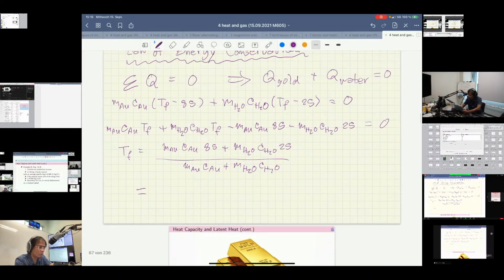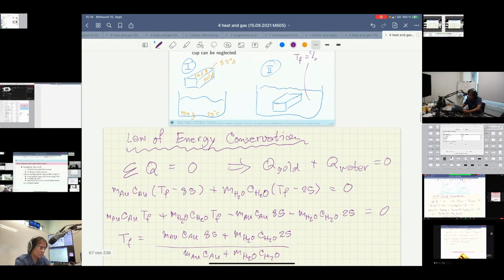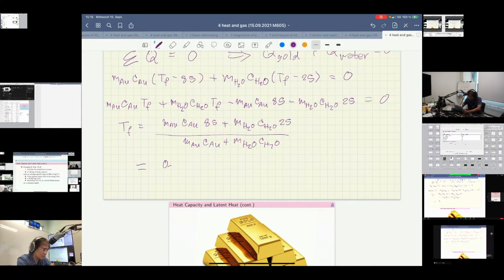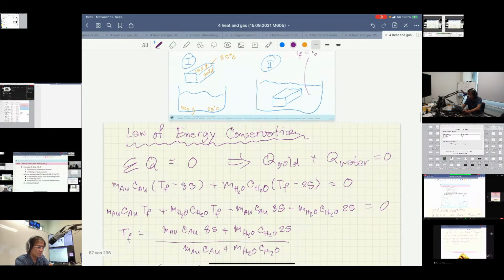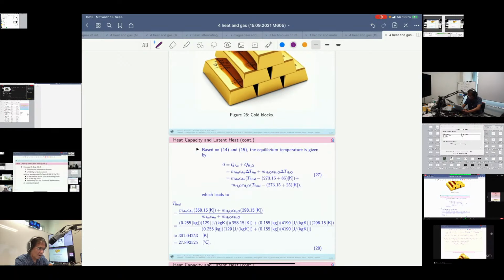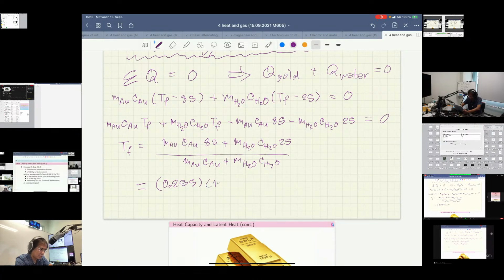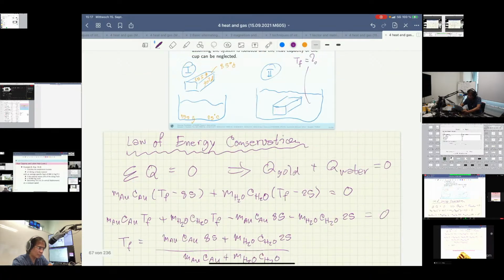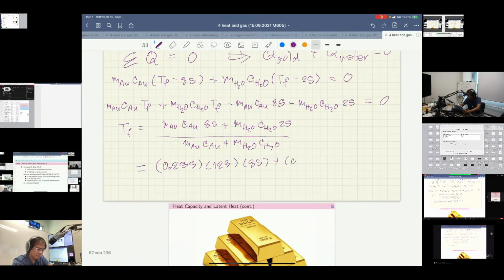Mass of gold is 0.255, specific heat of the gold is 129, and 85, plus mass of the water 0.155, and the specific heat capacity of the water is 4190, and 25.